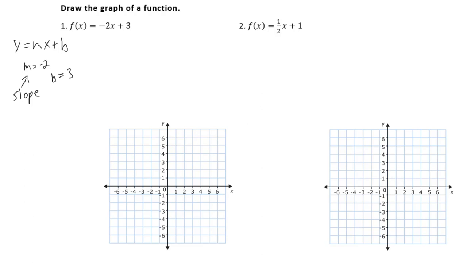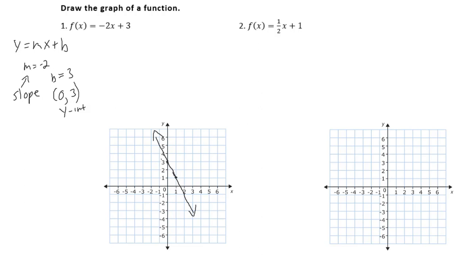And our b lets us know our y-intercept at 0, 3. This is our y-intercept. So let's put that on the graph. Our y-intercept is 3. And our slope is -2. So that's down 2 over 1, down 2 over 1. And we end up with this graph looking like that.